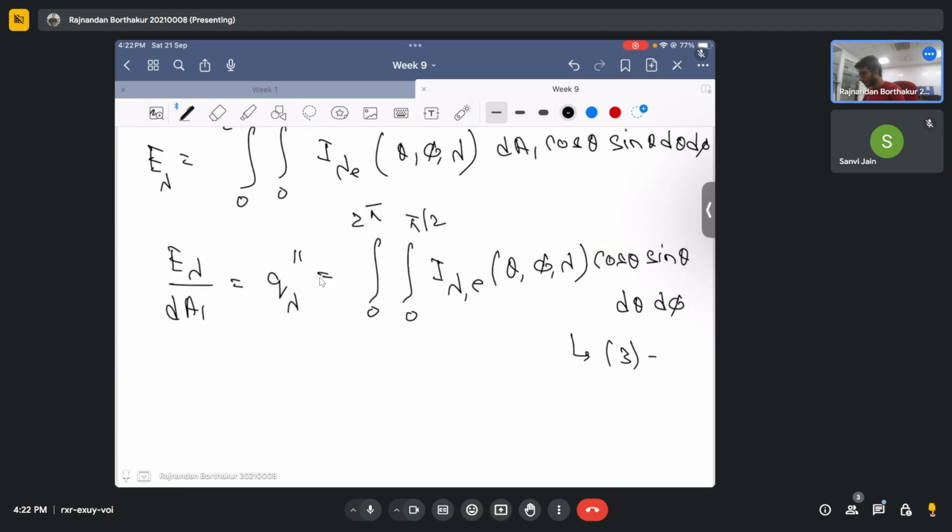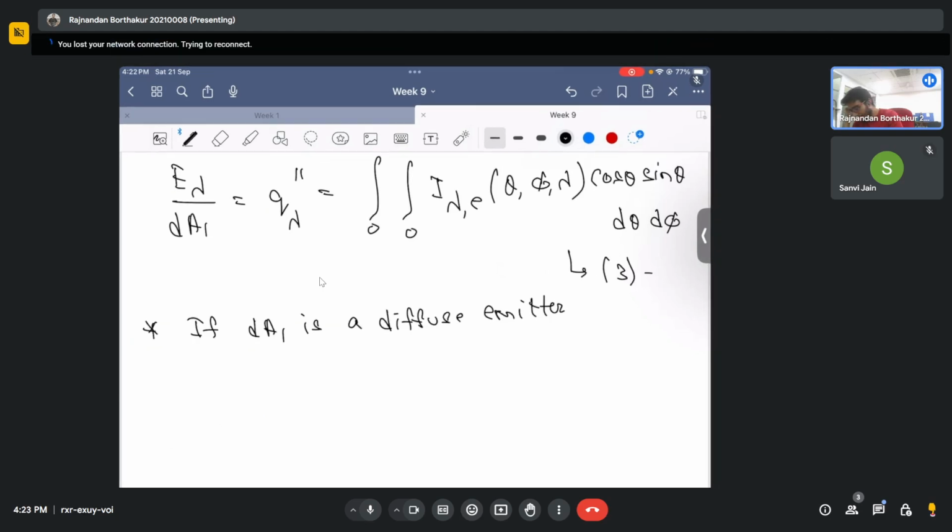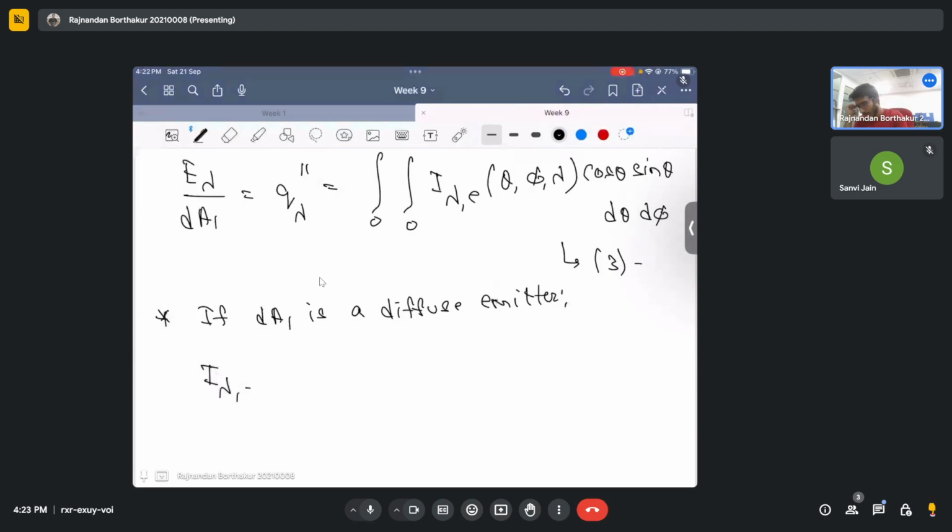Now we will see something interesting. Try to understand that if dA1 is a diffuse emitter, as I said, then I lambda E, which was a function of theta, phi, and lambda, now becomes just a function of lambda. This means that if I have a diffuse emitter, the property does not depend on direction.